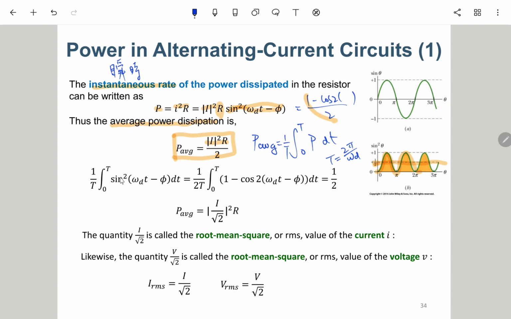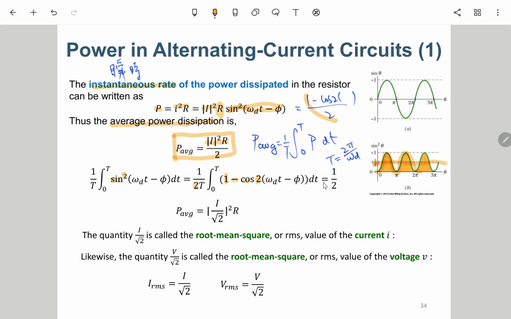If we just consider the sine part, sine squared will be half of one minus the cosine of two times this angle.